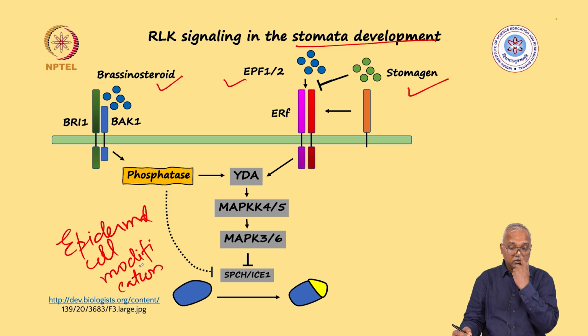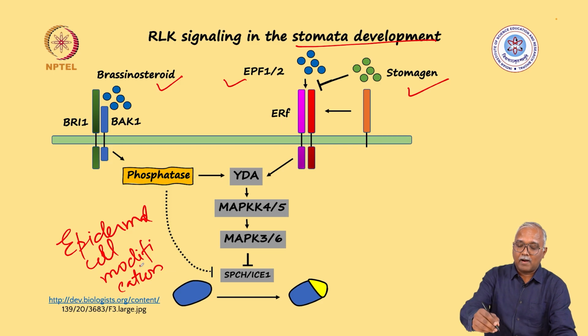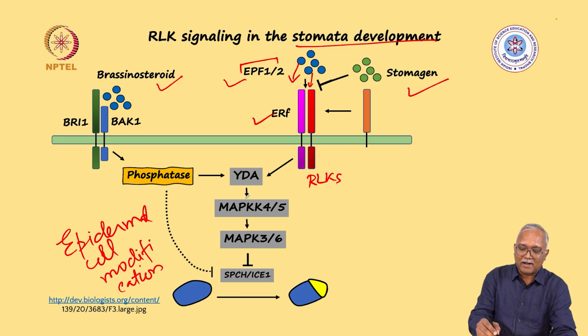So what is understood is that under normal circumstances these epidermal cells will remain epidermal by virtue of the signaling by this epidermal patterning factor 1, which works through this receptor-like kinase. This receptor-like kinase responds to this factor, activates a pathway which internally involves many more molecules.